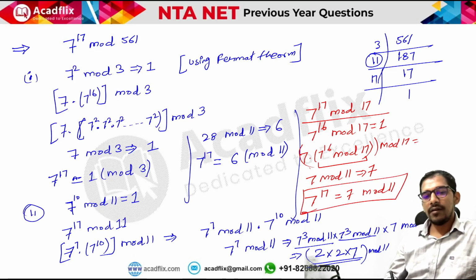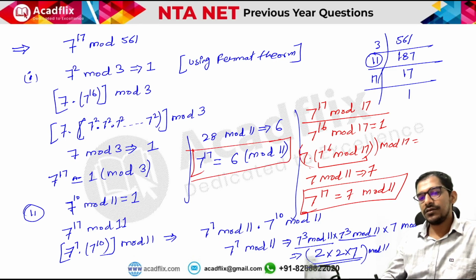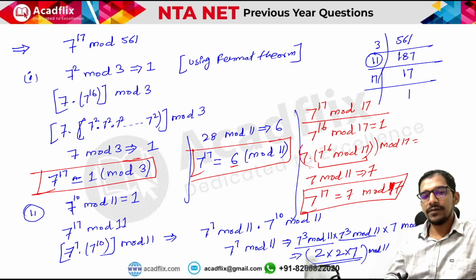So now we have our three equations. 7 to the power 17 will be 7 using mod 17, 7 to the power 17 will be 6 using mod 11, and 7 to the power 17 will be 1 using mod 3.